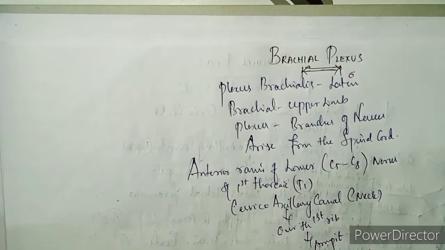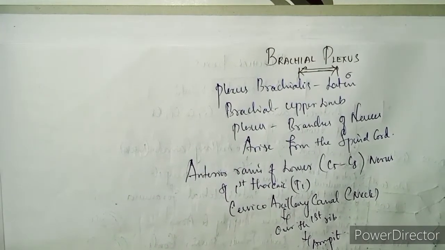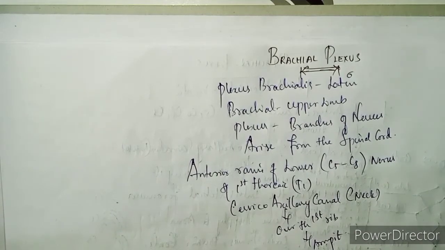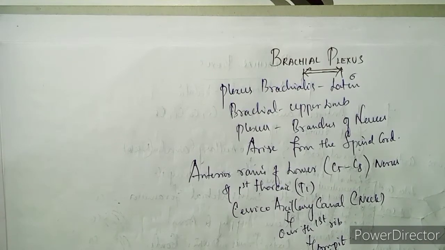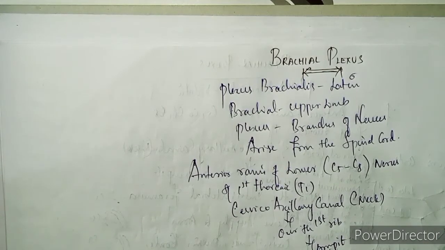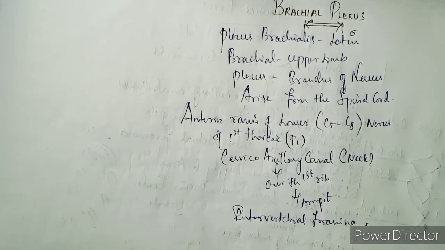Another MCQ may be asked: at each vertebral level, the spinal nerves arise and leave through what? That is called the intervertebral foramina of the vertebral column. We have seen that the brachial plexus arises from the spinal cord and is formed by the anterior rami of the lower four cervical nerves, C5, C6, C7, C8, and the first thoracic nerve, T1.